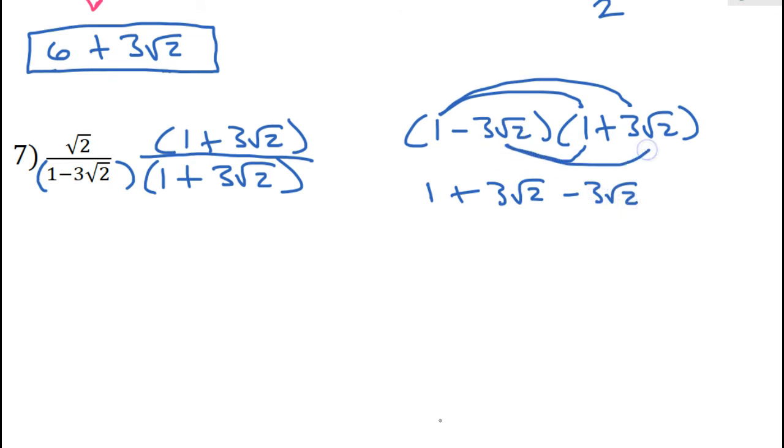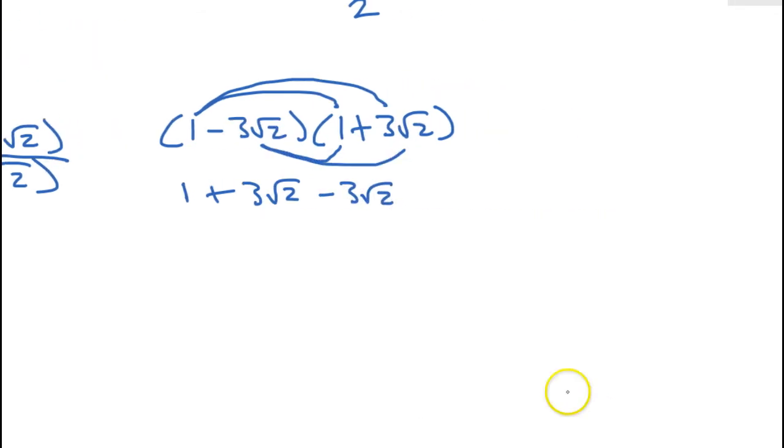And then I've got this. So one more time, a negative times a positive is definitely a negative. But now I've got to do 3 radical 2 times 3 radical 2. I'm going to do that off to the side as well. 3 times 3 is 9.